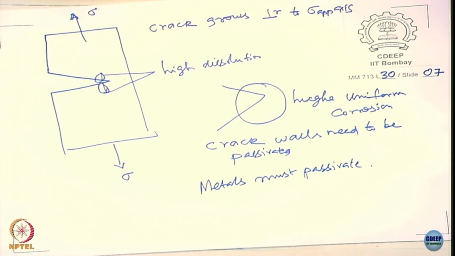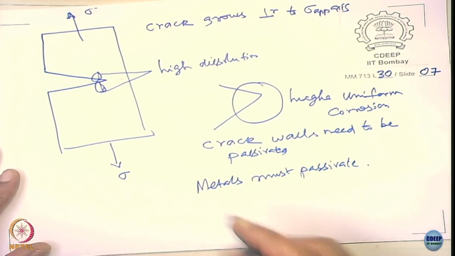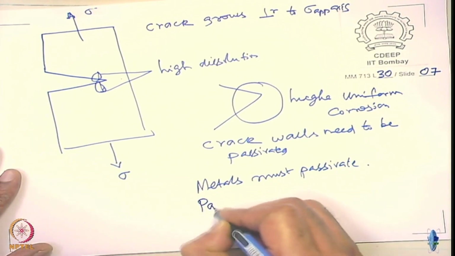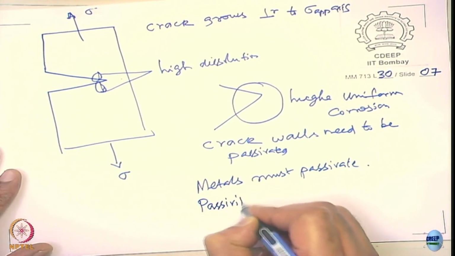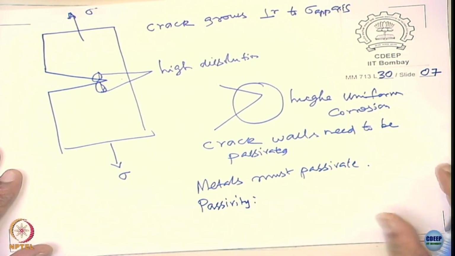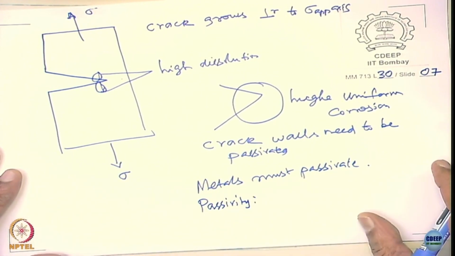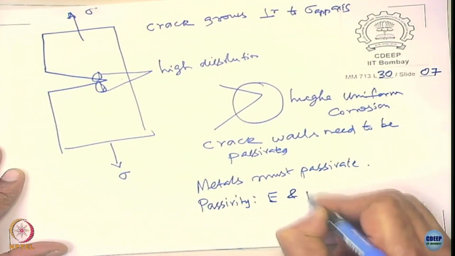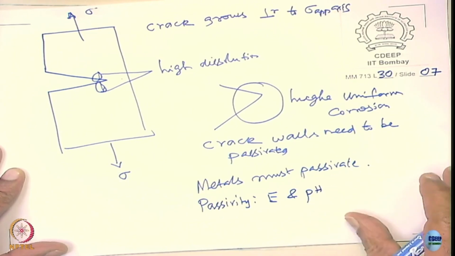And when you take passivation, passivity depends on what? You have already studied this, right? It depends on the environment, it depends upon the potential, and it depends upon the pH.